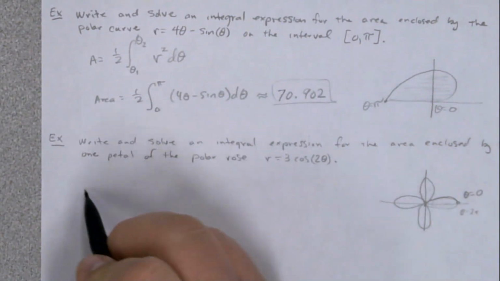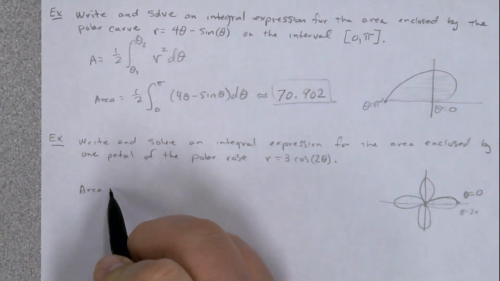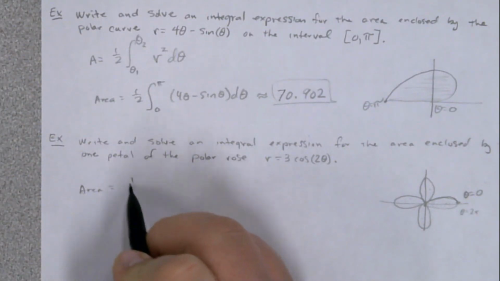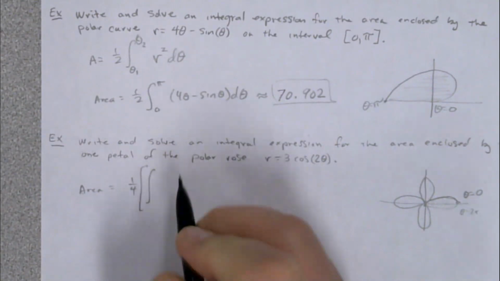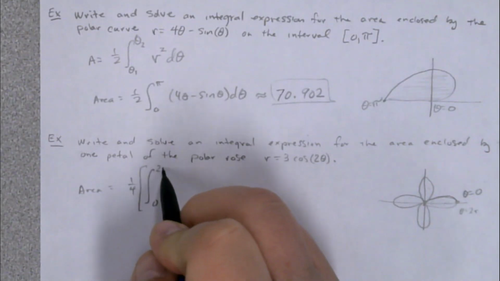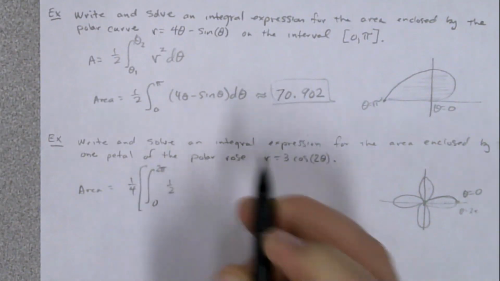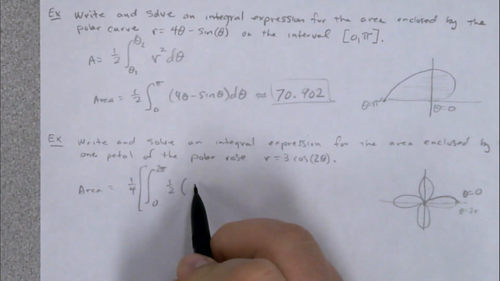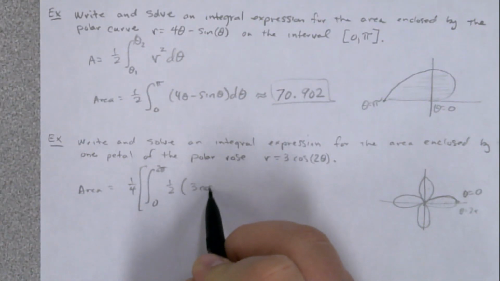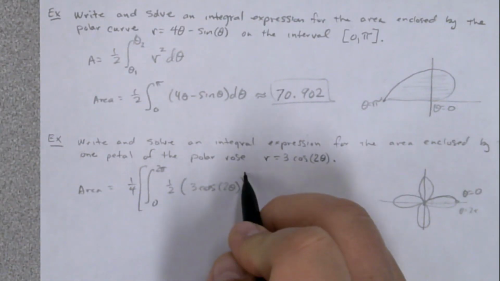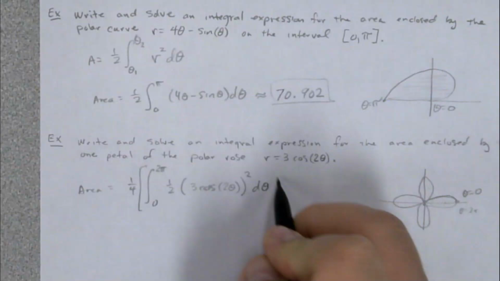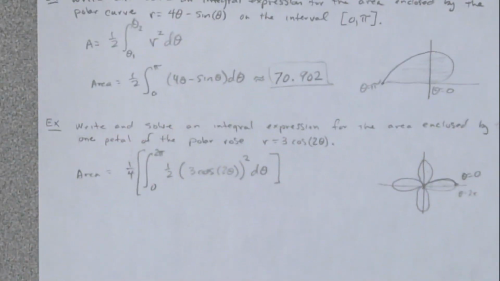So my area is going to be 1/4, from 0 to 2 pi, of 1/2 r squared, which is 3 times the cosine of 2 theta, squared, d theta. So that's how you can do this problem right here.